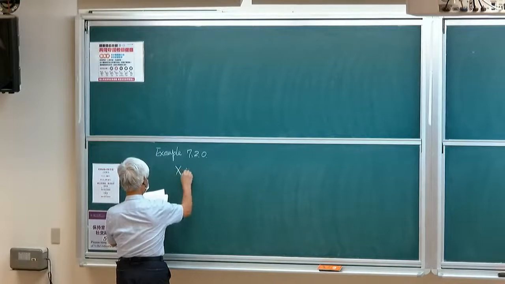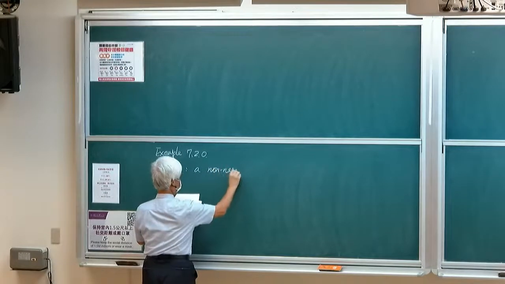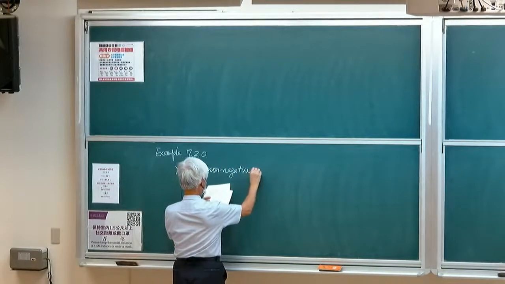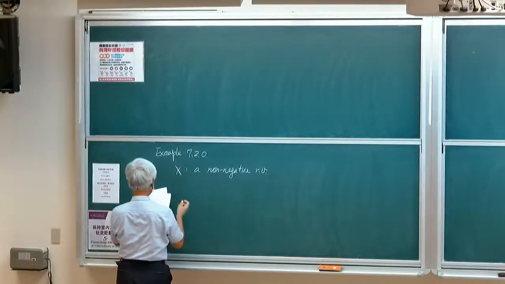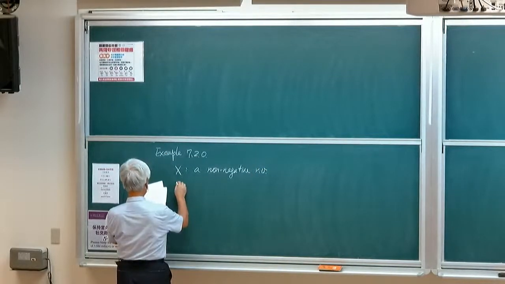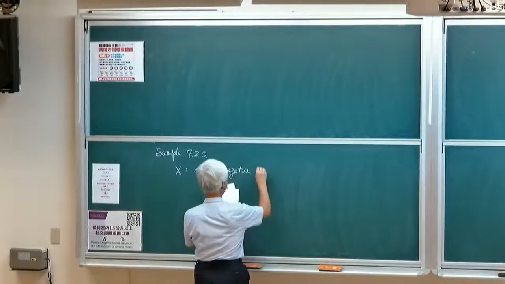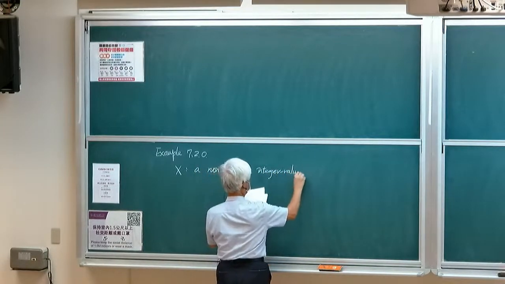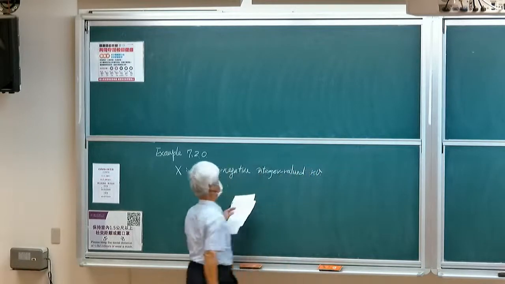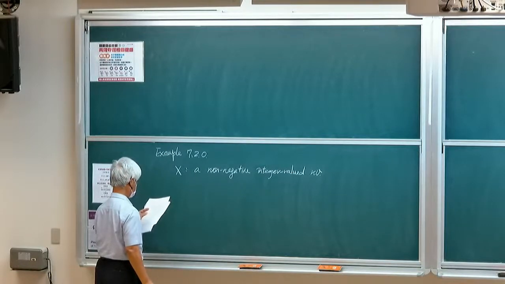Okay, so X is a non-negative random variable, specifically non-negative and integer valued. Right.